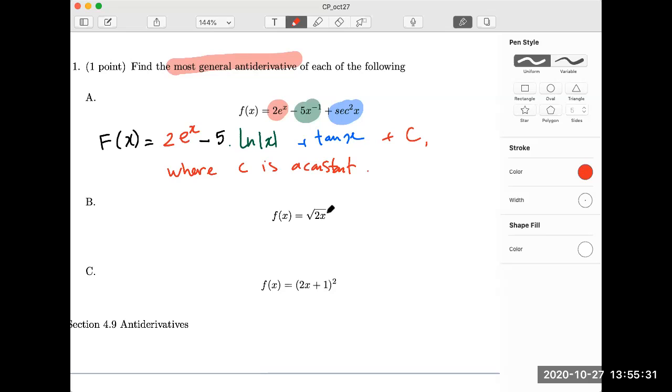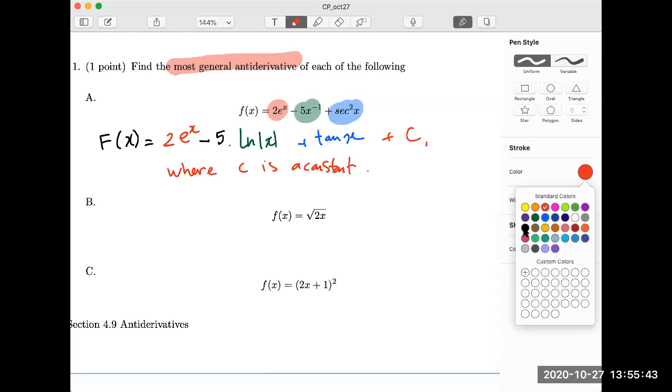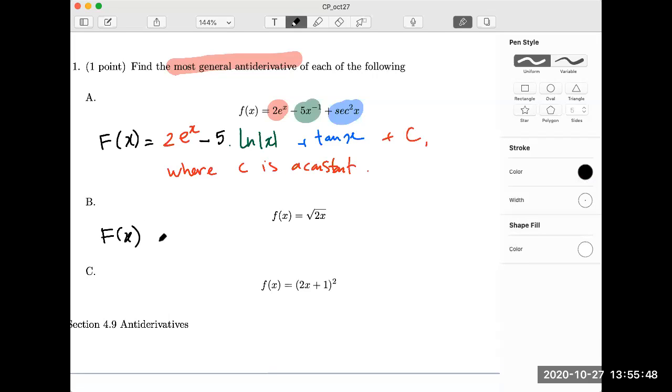Okay, it is square root of 2x here. It is interesting. So, okay, what should we do now?